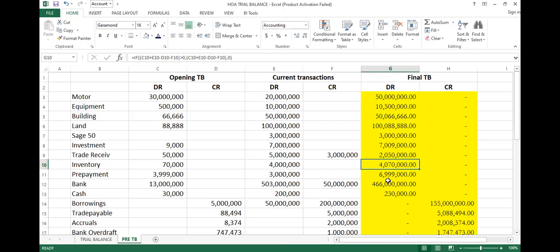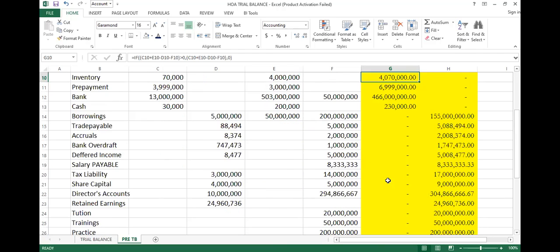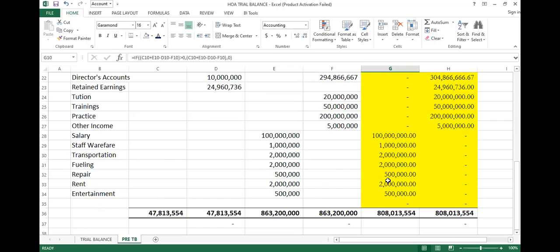Sorry, before you go. Okay, before I go. Yeah, please, can you allow me to pick the formulas here for the final trial balance? I want to pick for the debit and the credit. You want to pick? Yes, I want to pen down these formulas. Oh, yeah, pen down now. I'm already placing it on it.